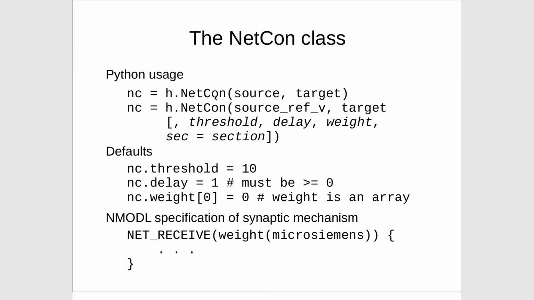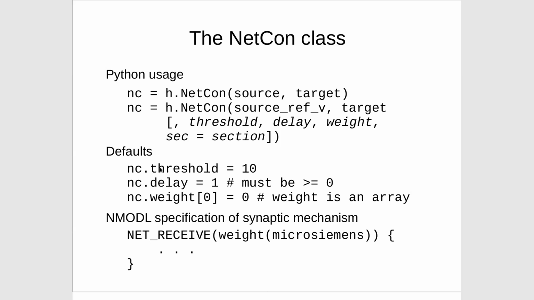Okay? All right. Now, a NetCon has a number of ancillary parameters. We can include them when we first create the NetCon, or we can just create the NetCon that attaches the spike source to the target, and then we can add them later on. We can specify the threshold. The default for threshold is 10 millivolts.